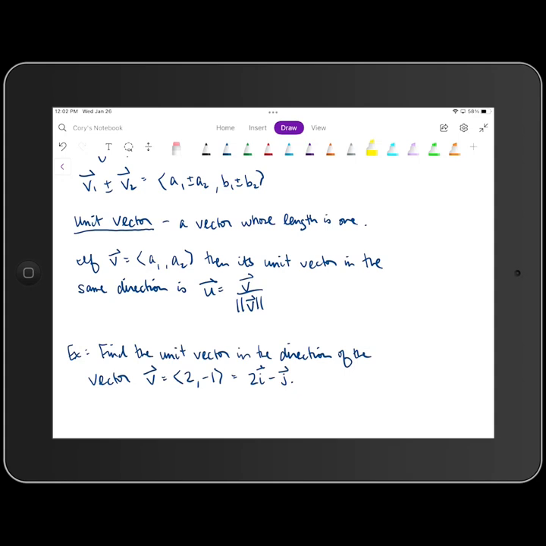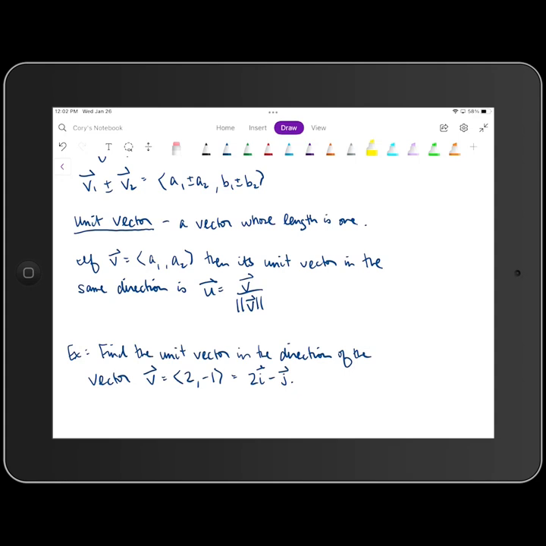Okay, so once you compute the magnitude, you can take vector v and divide by the magnitude, or you can take the reciprocal of the magnitude and then distribute it across each component in the vector.